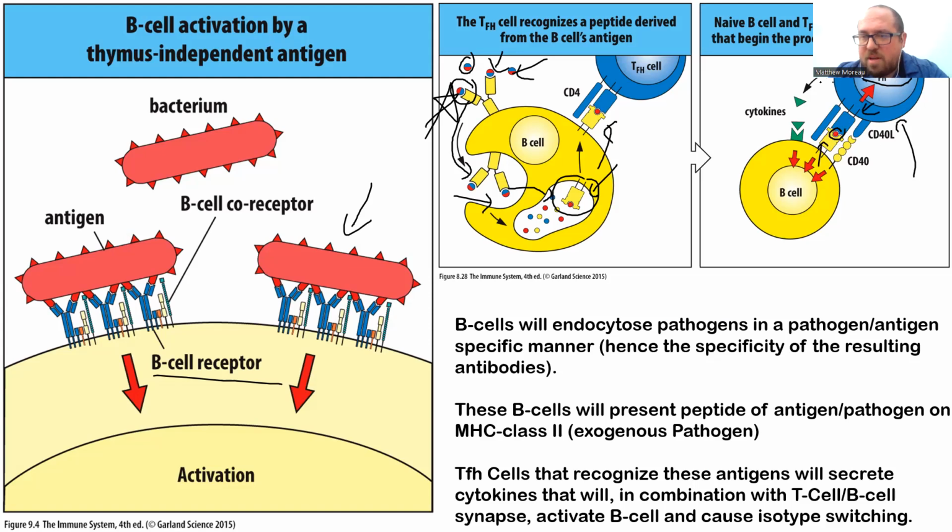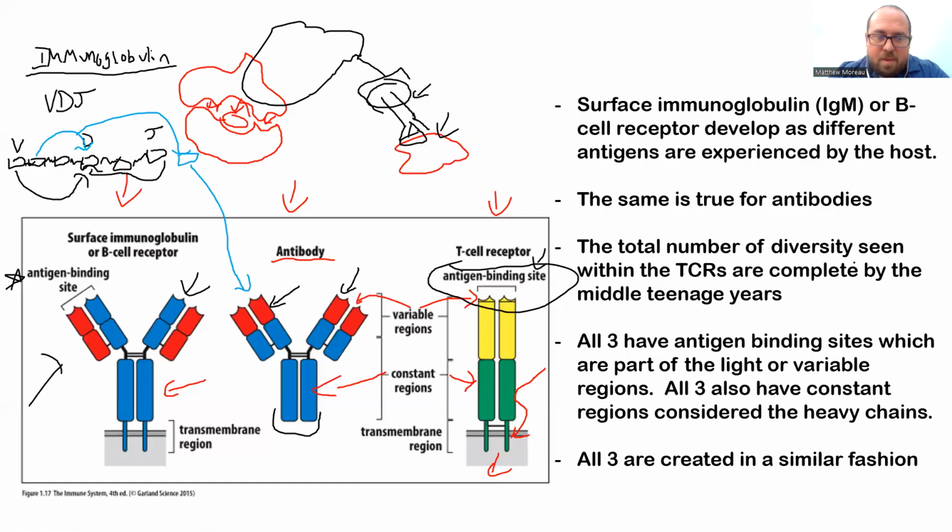This triggers the release of cytokines, because again, they're a T helper cell, and the T helper cell releases cytokines, and it activates the B cell into its terminally differentiated form. That is turning the B cell into something called a plasma cell. And the plasma cell is what's going to secrete the antibody, which again is effectively the B cell receptor, which loses its transmembrane region and then generates the antibody.